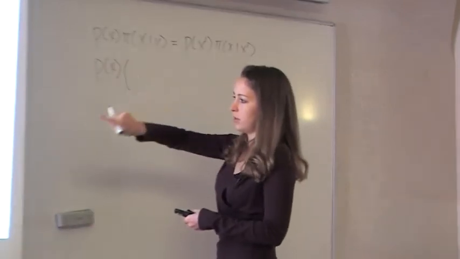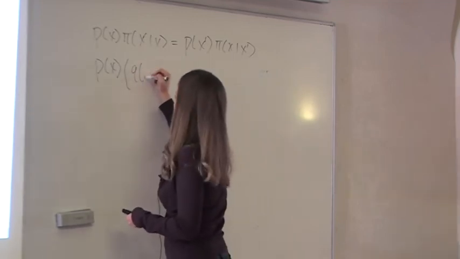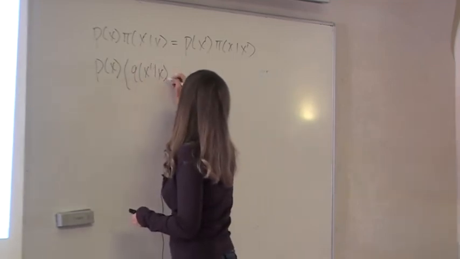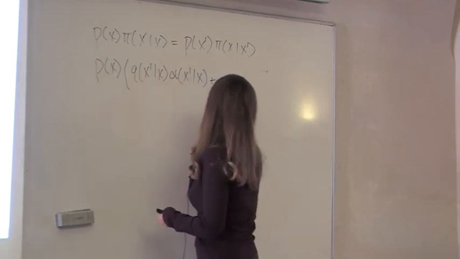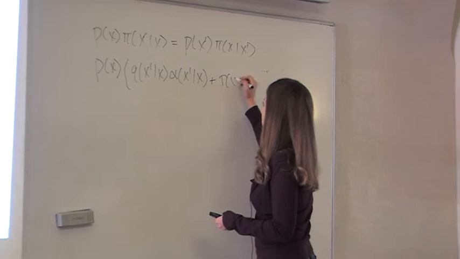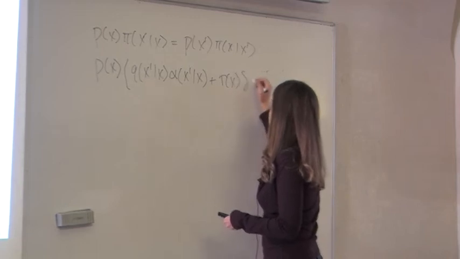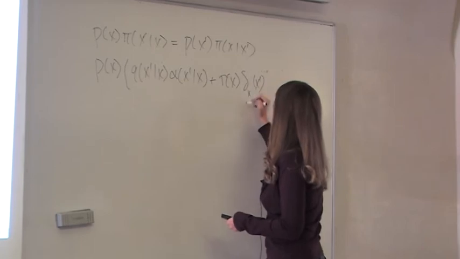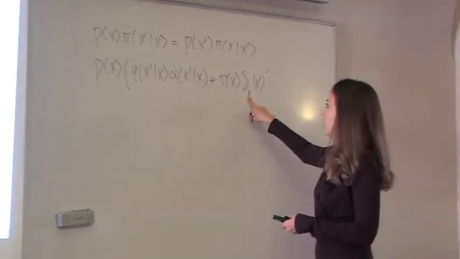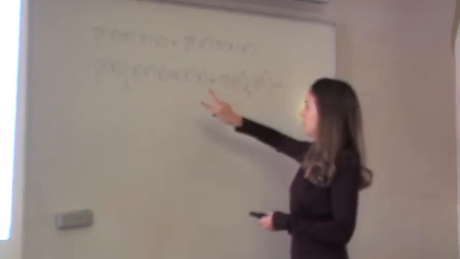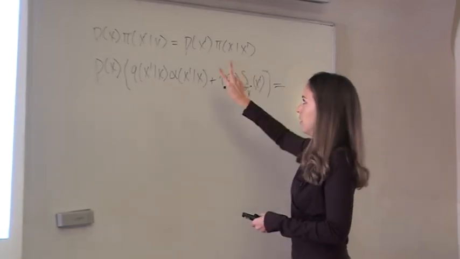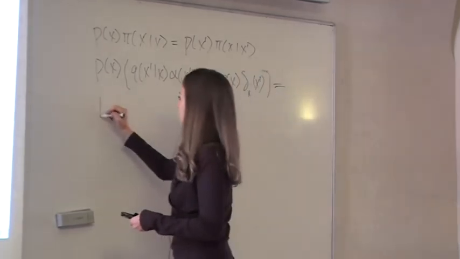So we have the proposal, the probability that we accept our proposal, plus the probability that we reject, times the indicator that our candidate value is our current value. So this must be equal to this thing, just flipping the values of x and x prime.